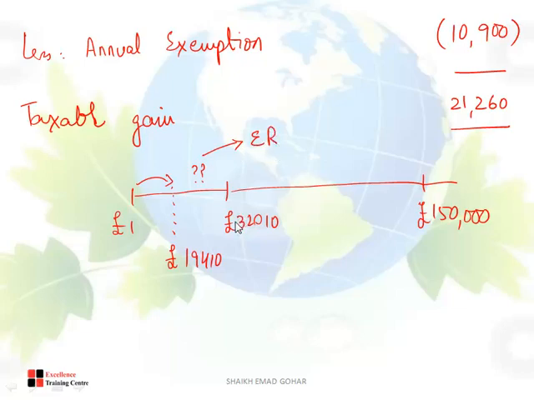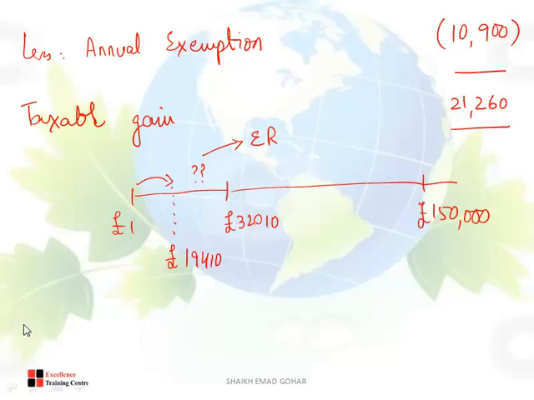This remaining band is assumed to be used by those gains which are qualifying for e-relief. So how much are those gains which are qualifying for e-relief? 60,000. Definitely the space is very less, so you have crossed the limit and now you are in the higher rate band. Getting my point?